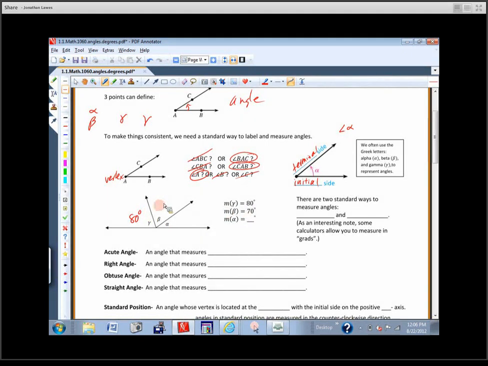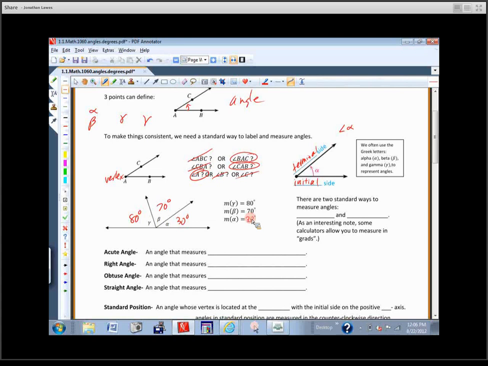The measure of angle beta is 70 degrees. So we've got a little blank to fill in right here. What does angle alpha measure? It's got to be 30, because you all remember from geometry, there are 180 degrees in a straight line. So this is a straight line, 180 degrees over on this side. So if I've already used 150 of them, that means this one's got to be 30, so that's a 30-degree angle for the measure of angle alpha.